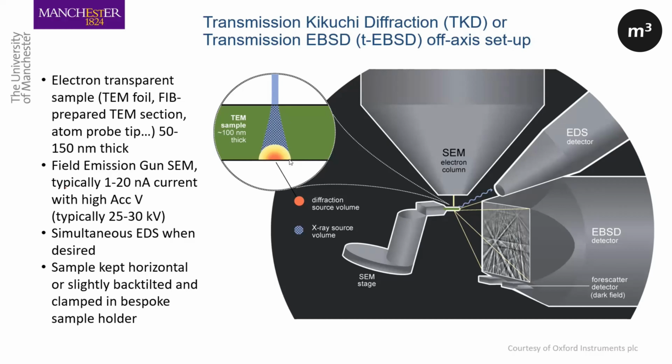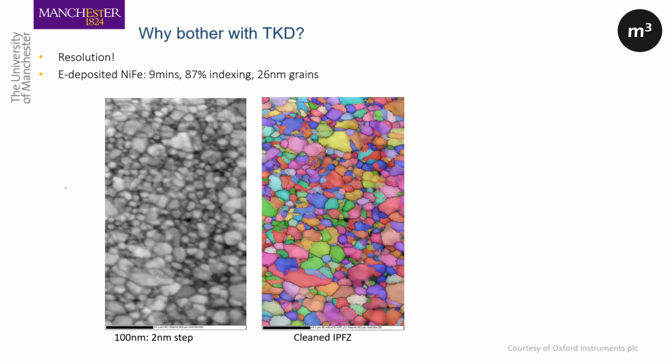And typically the information comes from the bottom of the sample, so the exit side. And then you can also do EDS at the same time. But because the interaction volume is so low, because of the thickness of the specimen, you can achieve really high resolution.